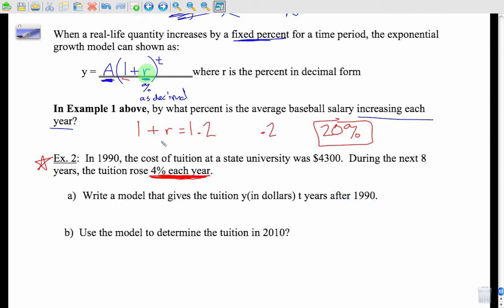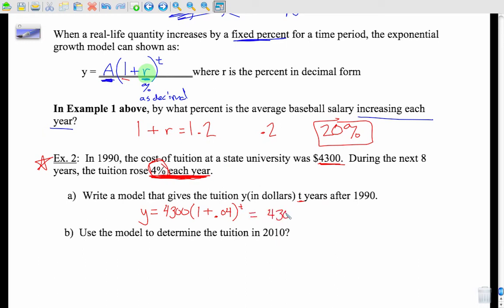So let's write a model that gives the tuition in dollars T years after 1990. We know the starting cost was $4,300, so I'm going to go Y equals my starting cost, $4,300, parenthesis 1 plus, this is my percentage, but I have to get that as a decimal first, so 0.04, to the T power, because it wants to know after T years.